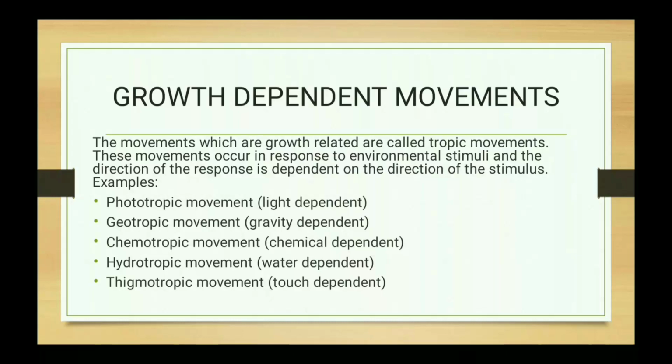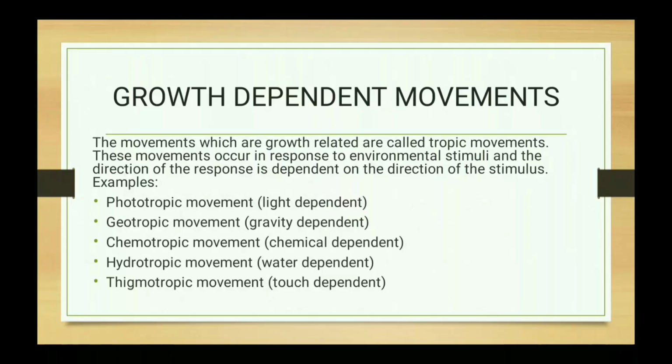For example, phototropic movement, photo means light. Then geotropic movement, geo means gravity. Then chemotropic movement, chemo means chemical. Hydrotropic movement, hydro means water. Thigmotropic movement, thigmo means touch. So we have 5 topics: phototropic, geotropic, chemotropic, hydrotropic and thigmotropic movement.